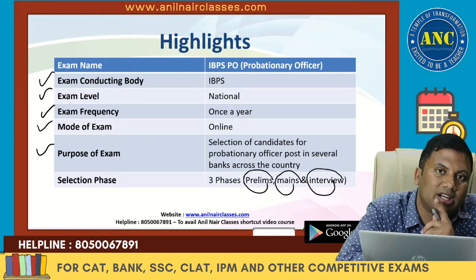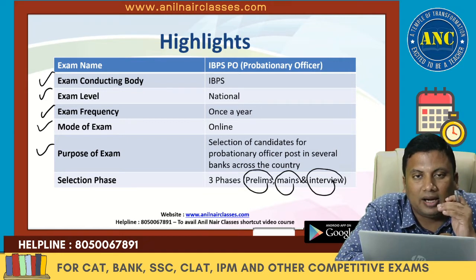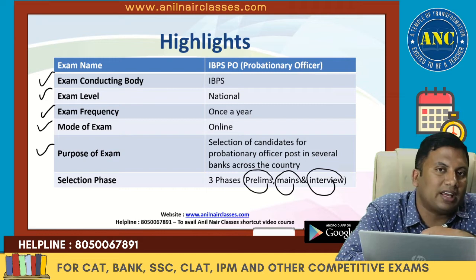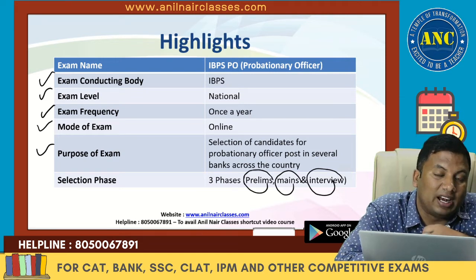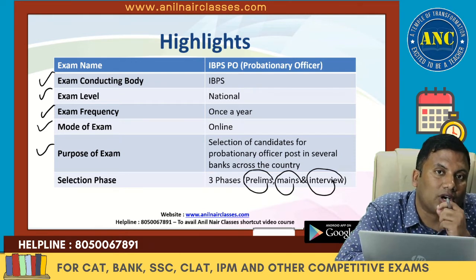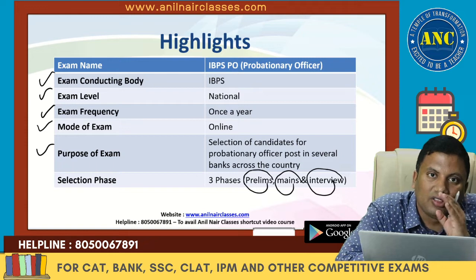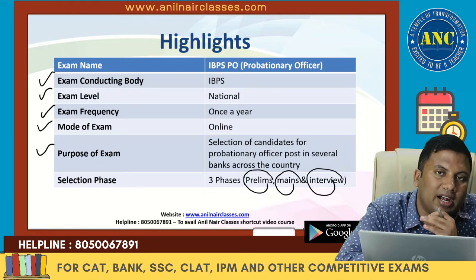Mains and interview scores will be added up into the final merit list, and depending upon the final merit list, they will give a ranking, and then the job offers will be released. Again, you need to qualify the prelims to write the mains examination. There are 3 phases of selection: prelims, mains, and interview.